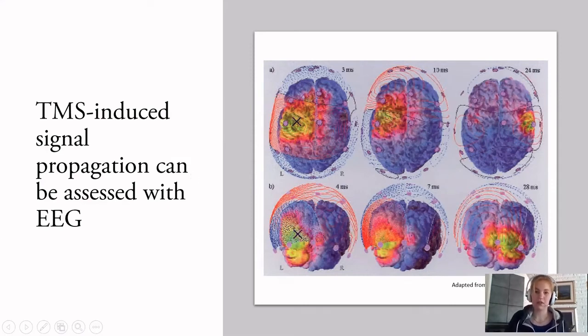This is shown with TMS combined with electroencephalography, so EEG. The EEG signal can be taken to the source space to more accurately localize the activity. What this means is that the TMS-induced activity propagates to distant cortical areas from the stimulated region, and this can also be assessed with EEG.